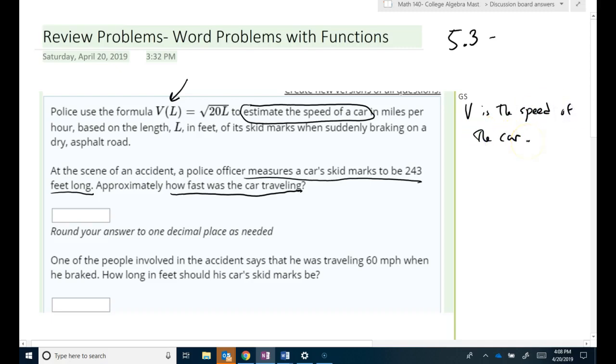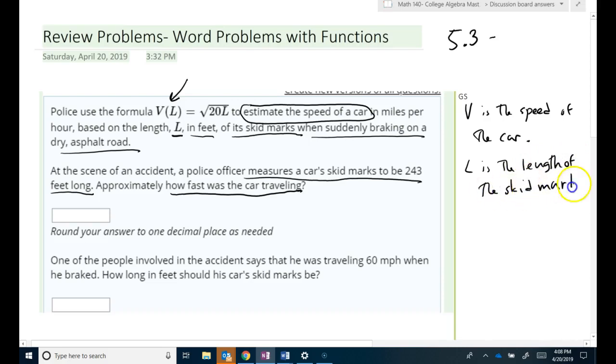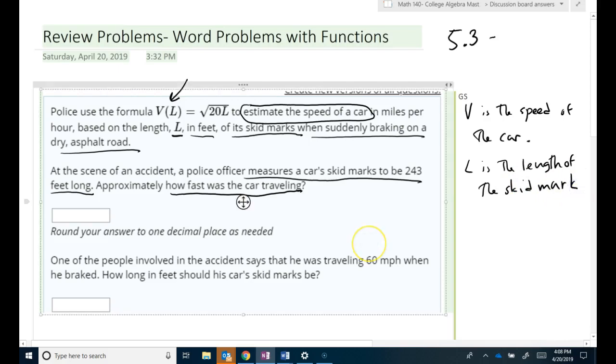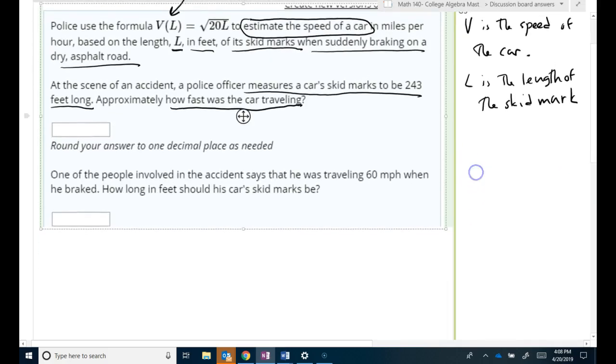Now, in miles per hour, based on the length L in feet of its skid marks when suddenly braking on a dry asphalt road. Oh, so L is the length of the skid mark.